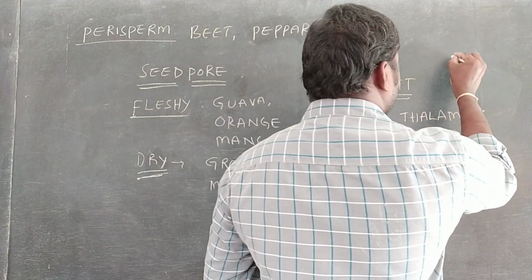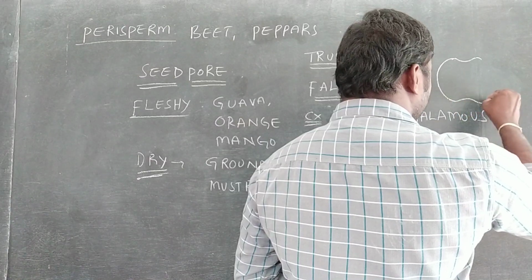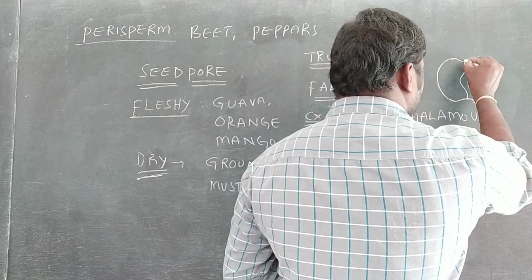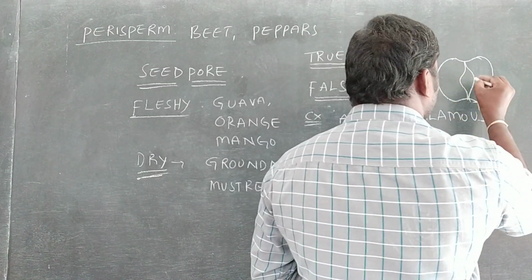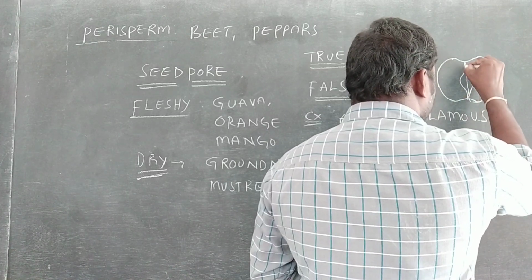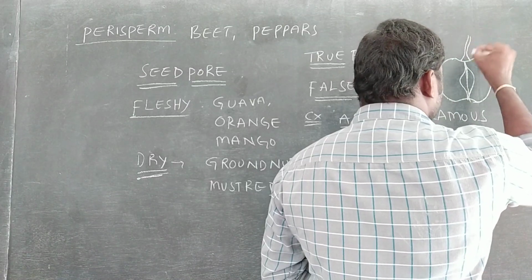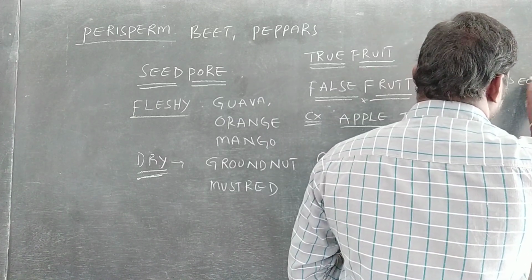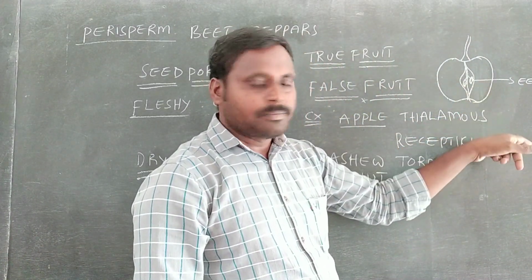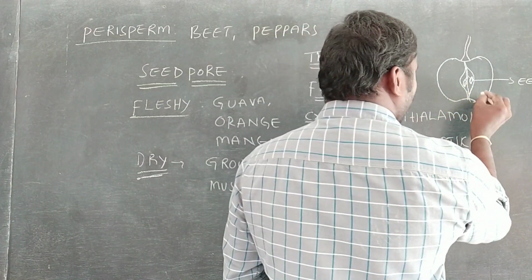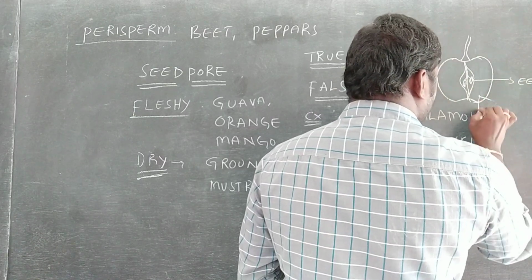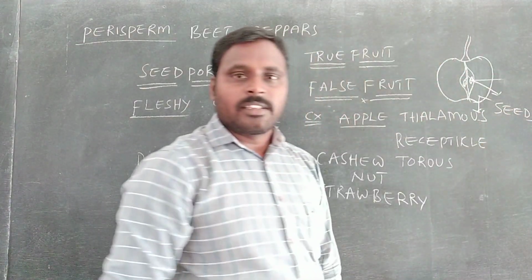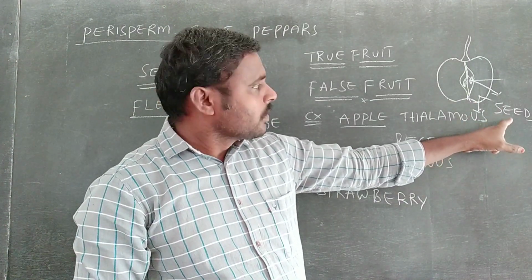For example, in the apple, these are the seeds, and this edible part is the thalamus. The seed-containing part is the true fruit, but the thalamus is the false fruit.